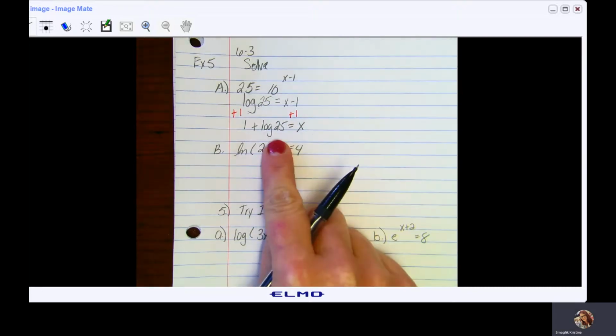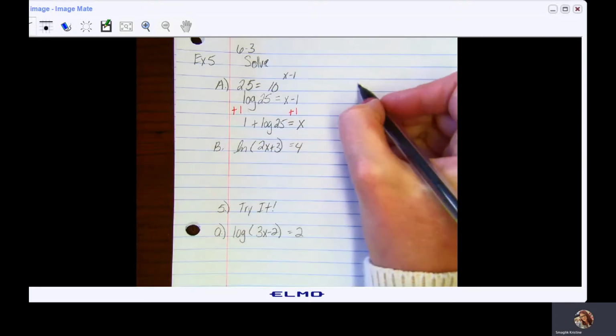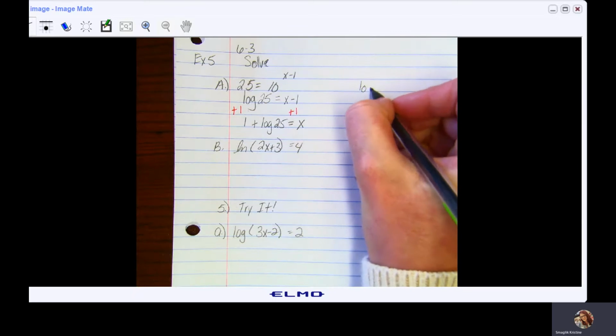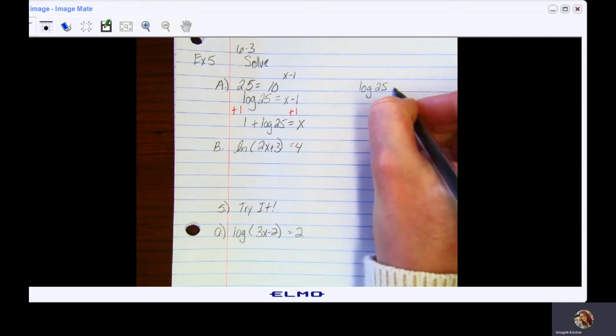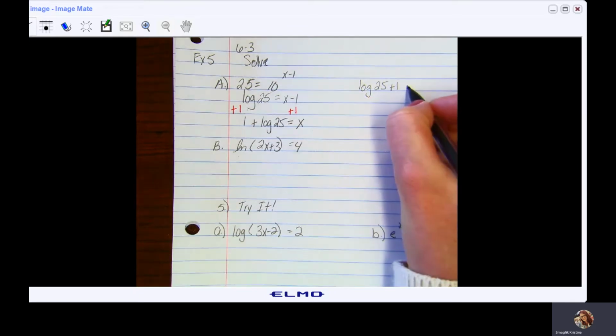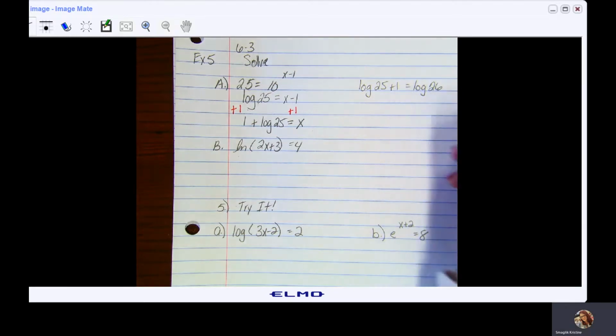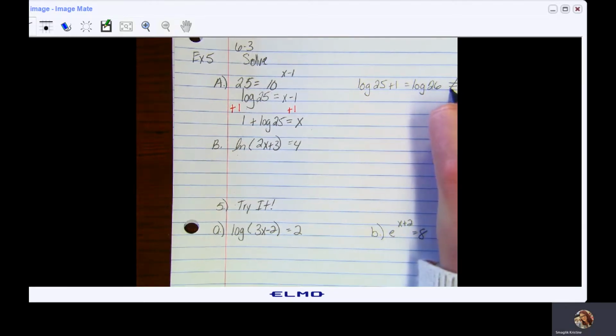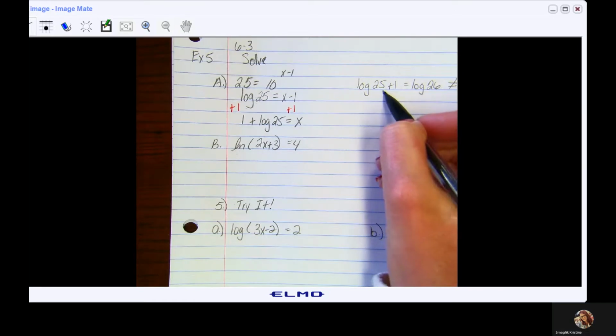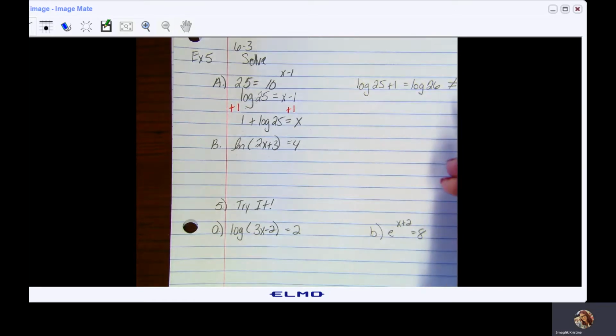Be very careful because, let's just put a little side note. Log of 25 plus 1, log of 26, does not equal log of 25 plus 1.